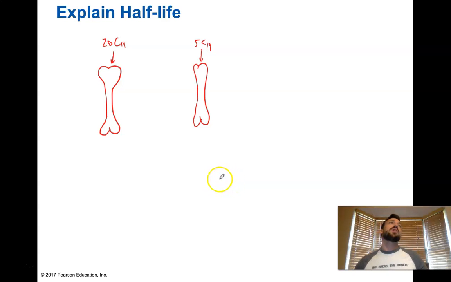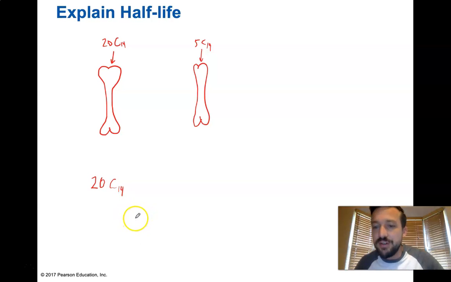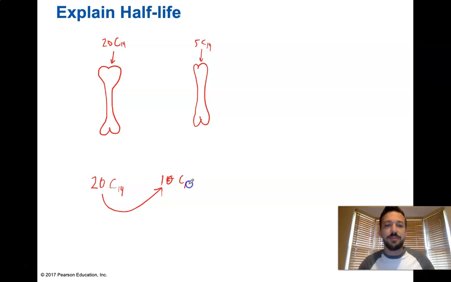Okay, so let's look at half-lives. Why these atoms deteriorate in half-lives, I'm not too sure. I'm not even sure if we know the answer to that, but let's say we got 20 of them. A half-life means half of them survive over some amount of time. So if half of them are going to survive, then 10 of them would survive, right? 10 carbon-14 atoms survive.